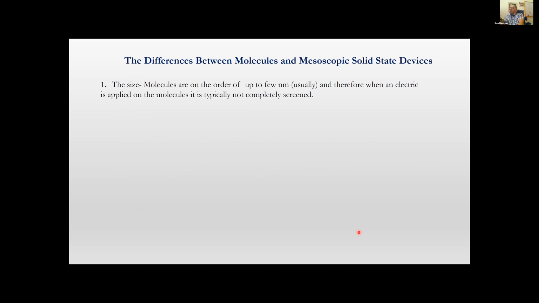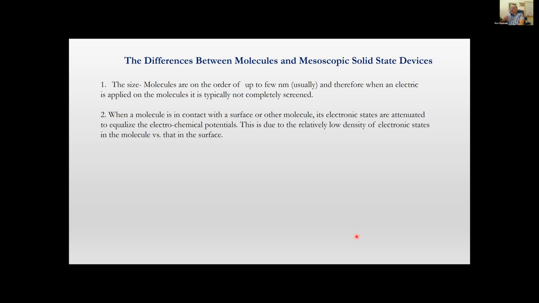So the difference between mesoscopic solids and molecules is severalfold. One is the size. Because of the small size of the molecules, typically the charge or the potential applied on the molecule is not screened completely. So the whole molecule feels the field.